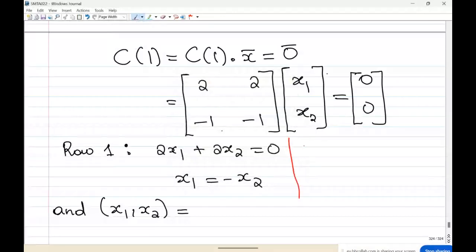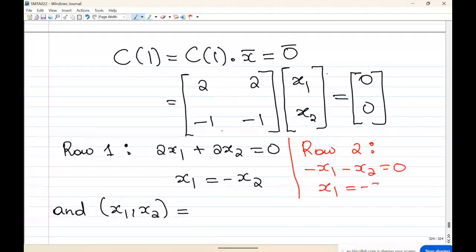On row 2, you are still going to get x1 is equals to negative x2. Do you see it, colleagues? If you go to x2, you're still going to get the same story. You'll have minus x1 and then minus x2 is equals to 0. But when you solve for x1, you'll get x1 is equals to negative x2. Do you see that, colleagues?